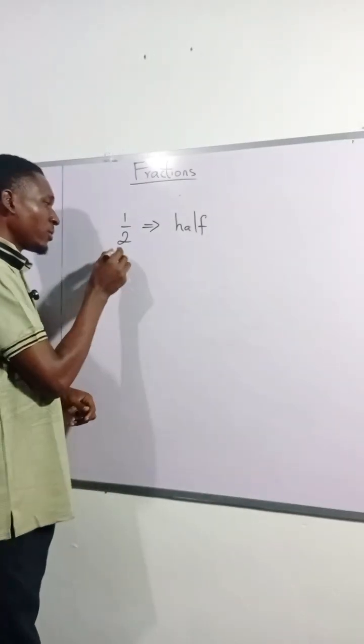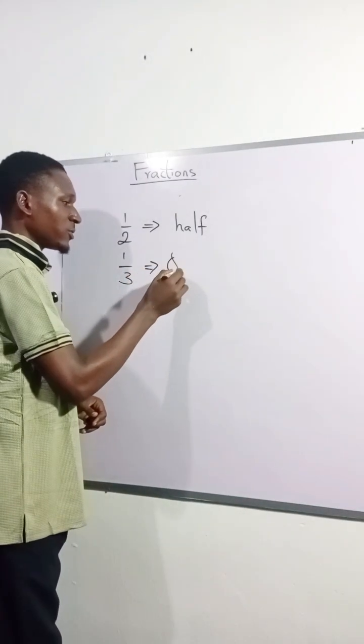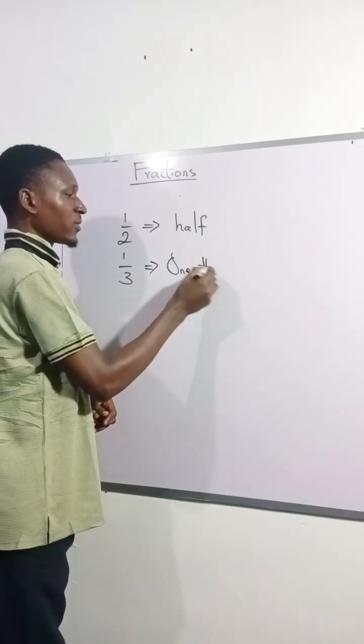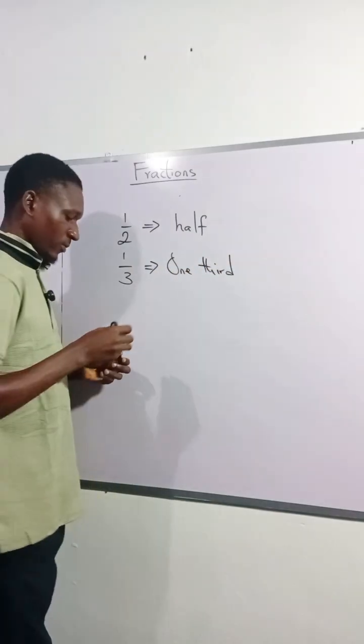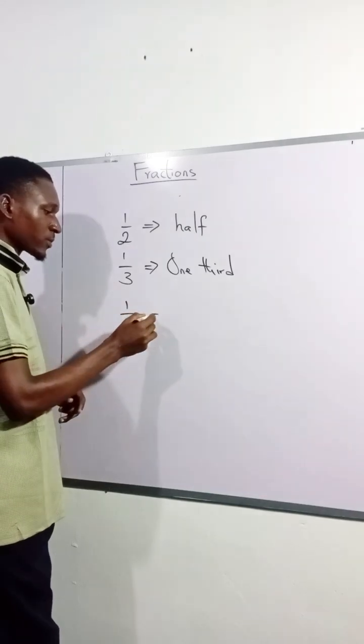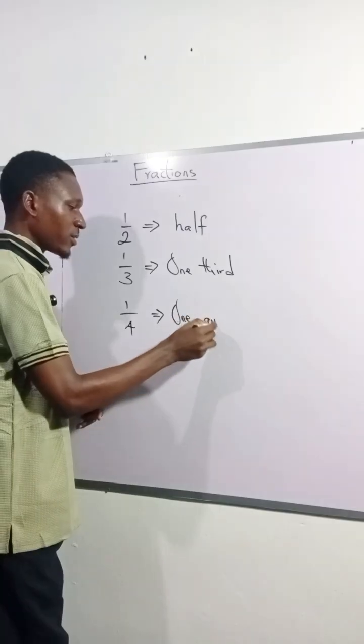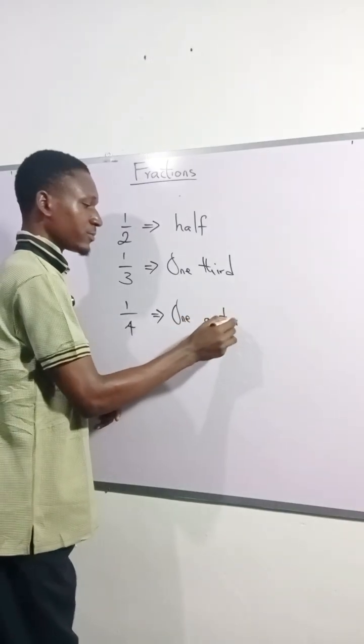You can also have 1 out of 3, and this is referred to as 1/3. You can have 1 out of 4, which will be referred to as 1/4.